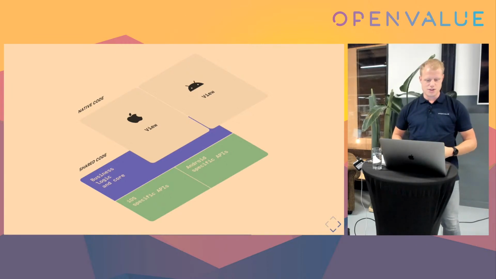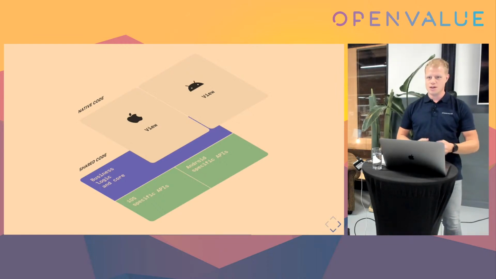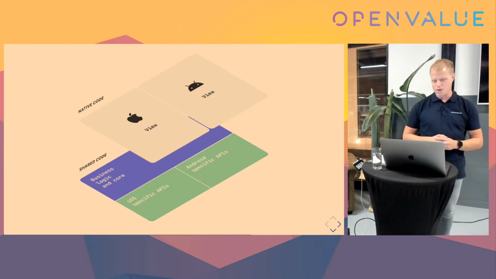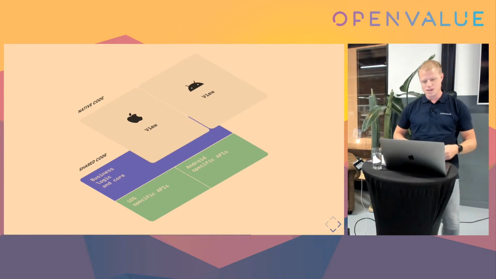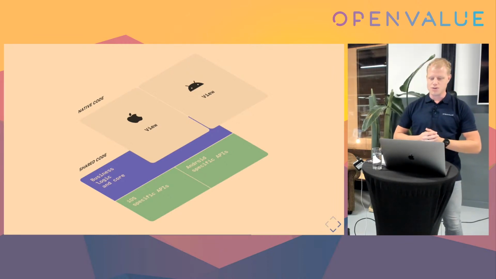And in the shared code, just like for Kotlin Multiplatform, you can implement your business logic. And if there's a need for that, you can fall back with the expect actual declarations to use iOS-specific APIs or Android-specific APIs. And that together is the shared code that you can use in the native code on top. So we will see that also in a minute, and we are going for our third demo.